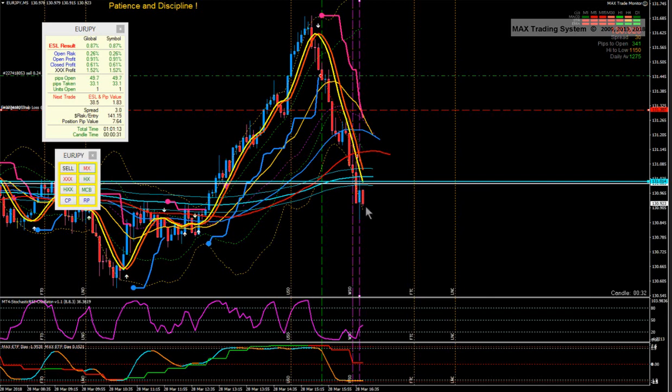Okay, this candle will close in 30 seconds. The price has not hit our level. It seems that the price is resuming the down movement. But here, if this candle closes as a red candle, this will give us the opportunity, most probably, we will have to see, to improve our exit level, because we are in a specific situation we call a ratchet situation. The MAX traders know what I mean.